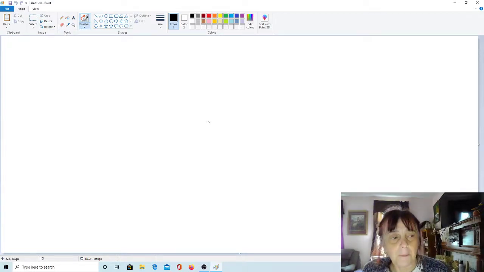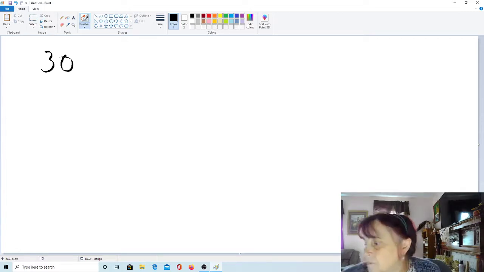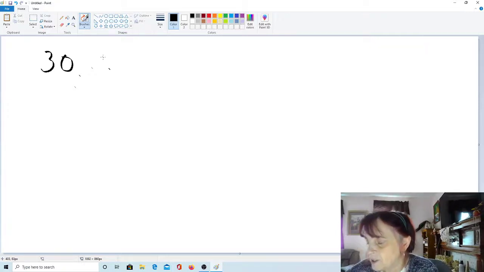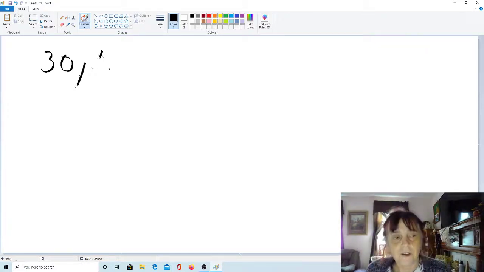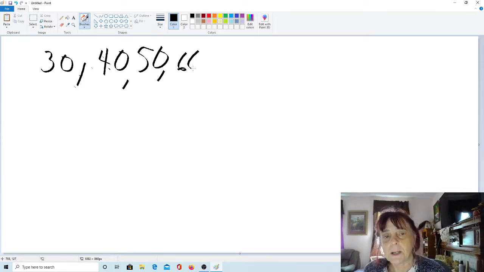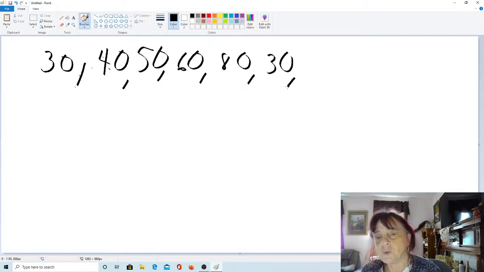Okay, now box and whisker plots. Let's say you have data of 30, 40, 50, 60, 80, 30, and 20.